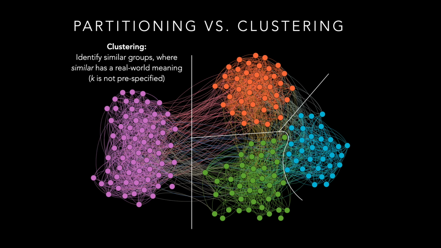Instead, the similarity idea, or the structure around clusters, doesn't necessarily have to be built by the number of edges that you cut, so much as we expect clustering to capture some idea of similarity. And similarity may not be directly available to us within the graph, but we hope that by building or extracting these clusters, we have some proxy for similarity that has some real-world meaning to the nodes in the graph.